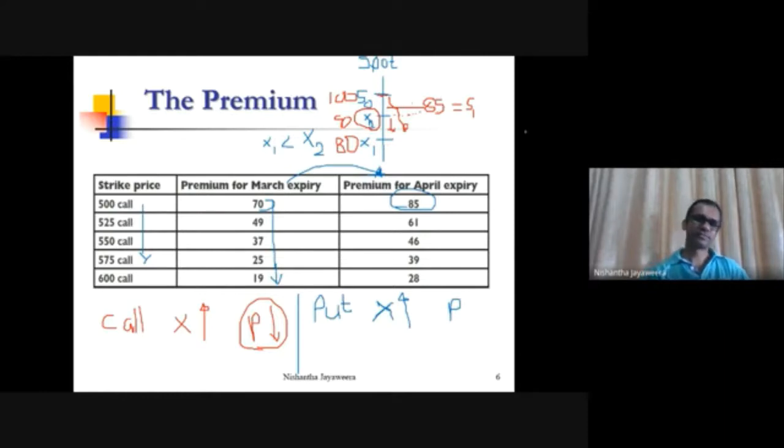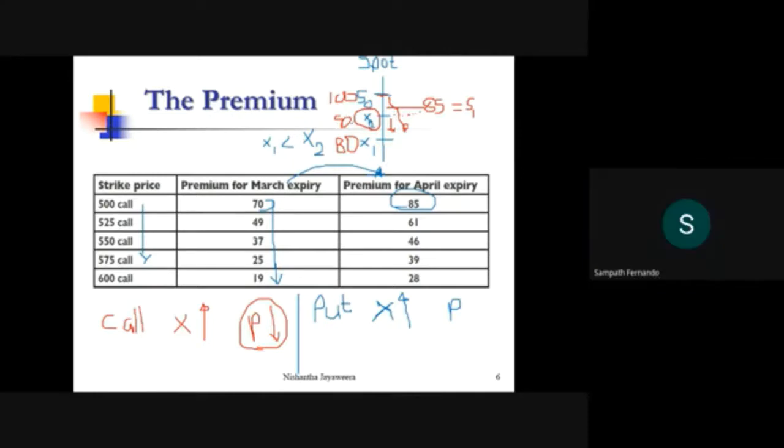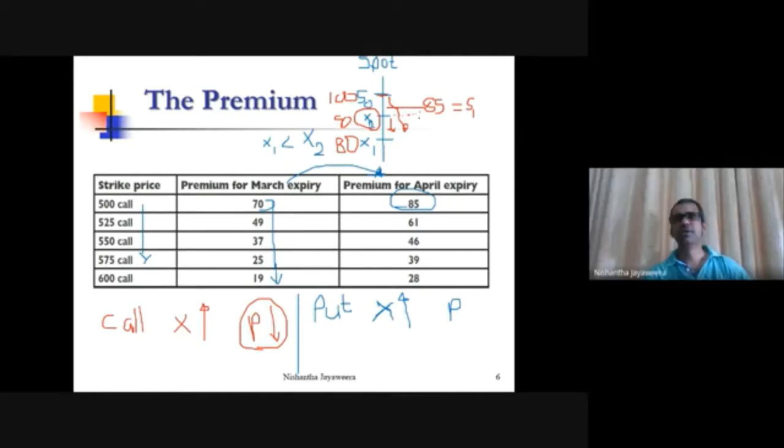What do you do? You have bought a put option with strike 90.